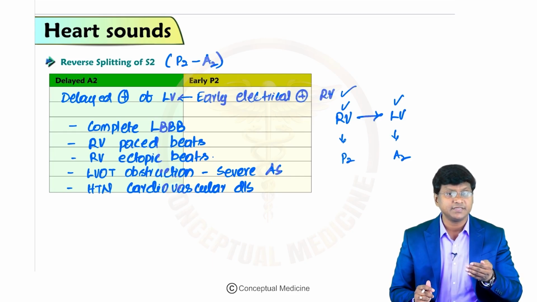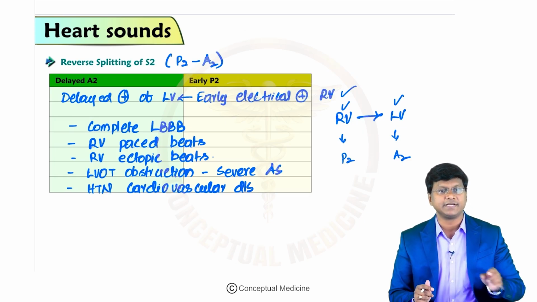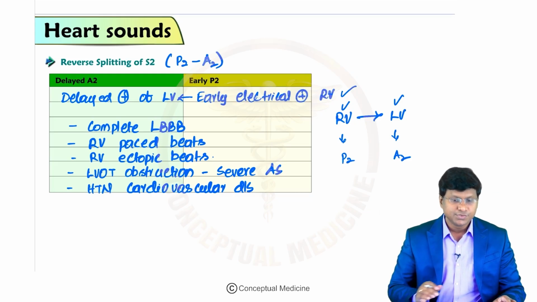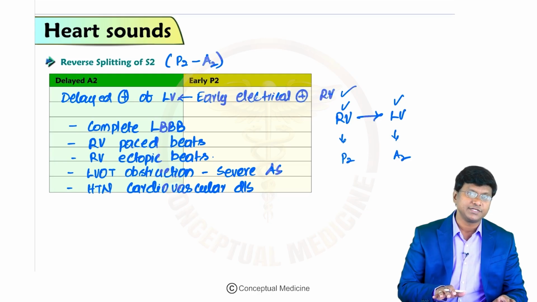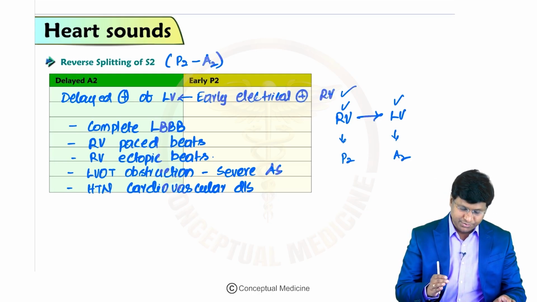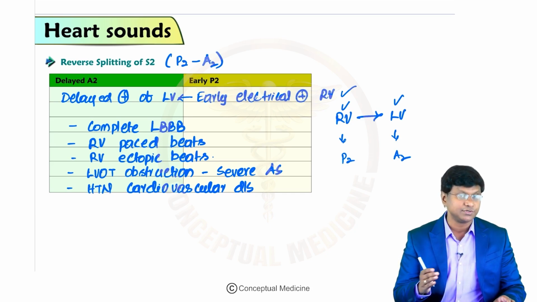So the left ventricle will take more time to empty the blood into the aorta. Thereby you will have P2 first and then followed by A2. So these are all the conditions where you have reverse splitting of the second heart sound, either due to early electrical activation of the right ventricle and delayed activation of the left ventricle.